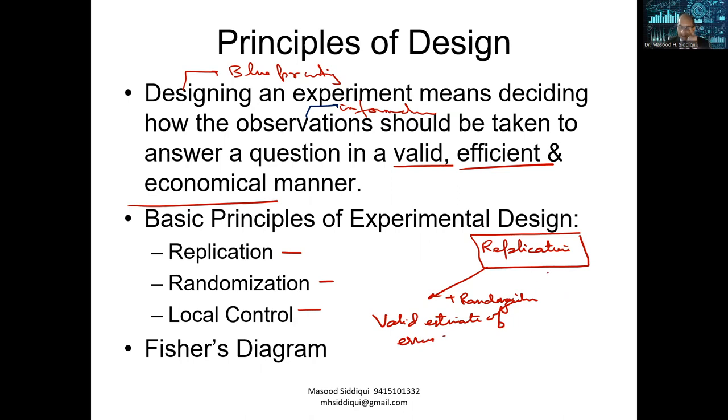Replication in conjunction with local control provides control of error, or decrease of error. So replication along with randomization provides a valid estimate, and along with local control, it achieves control over the extraneous factor. This is Fisher's diagram.